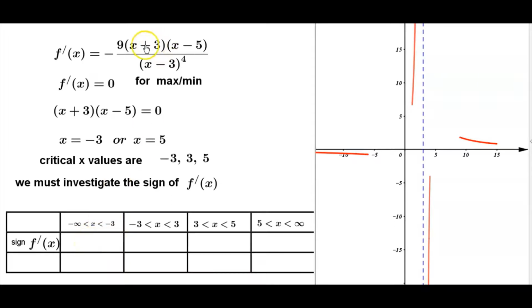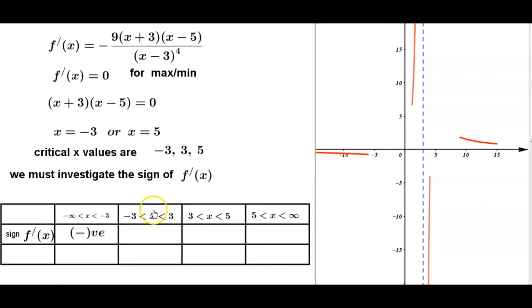So we substitute -10 in f dash x. -10 plus 3 is -7, -10 minus 5 is -15, over -13 to the power 4. Therefore, minus divided by plus, therefore this is negative.